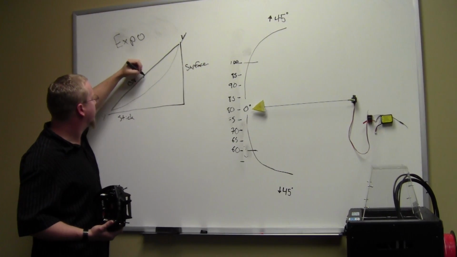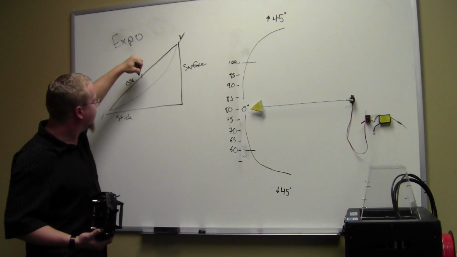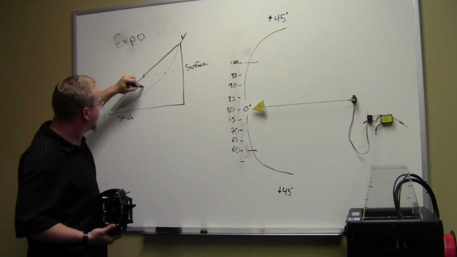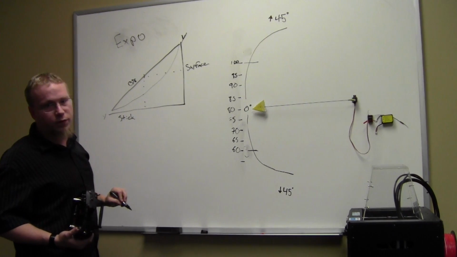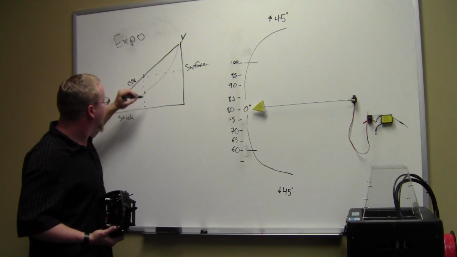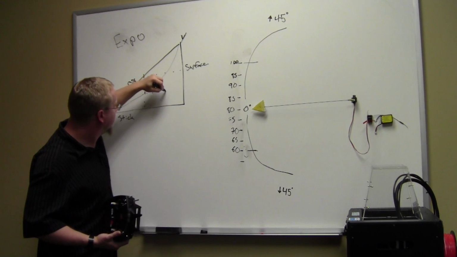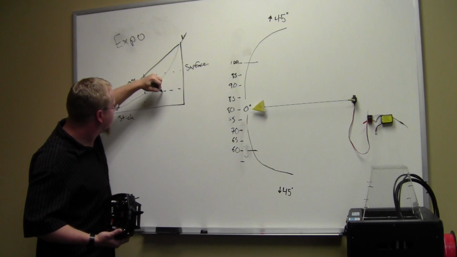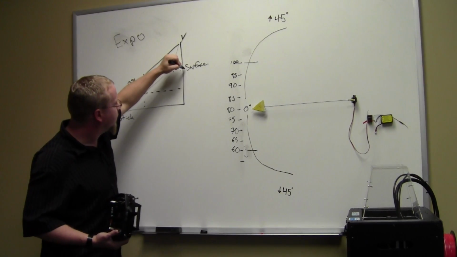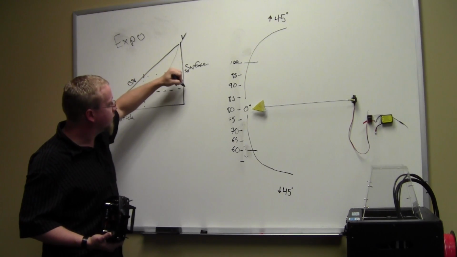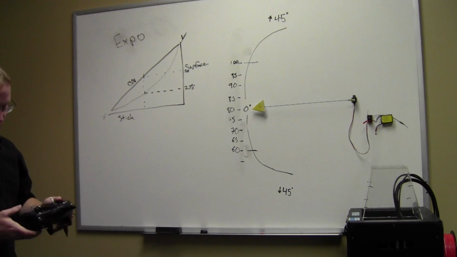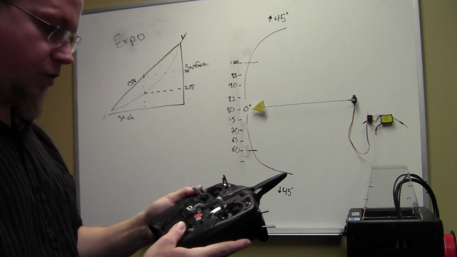Say we move the stick 50%, we're going to get 50% movement here, right? It's a 1-to-1. But with exponential, we move the stick 50%, we're getting, instead of 50% here, let's say 25% movement. That makes it so smaller controls, and we'll kind of show how it works here.